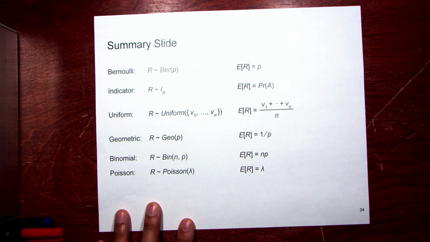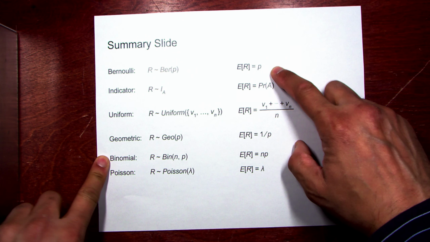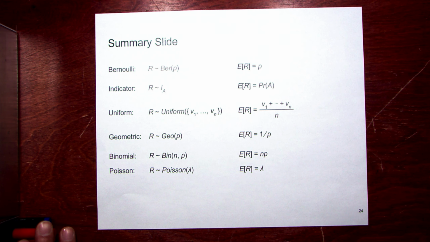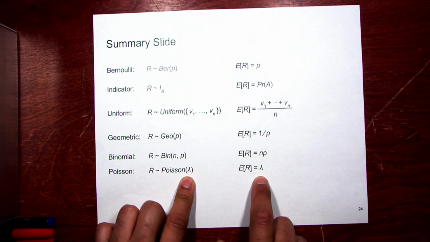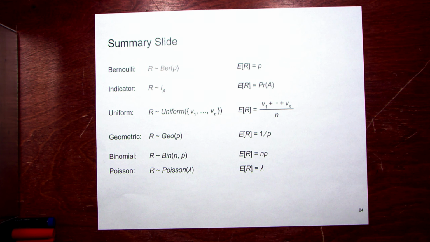Geometric and binomial, maybe it's surprising that these are so clean, but geometric is 1 over p, so you just invert it. Binomial is the sum of a whole bunch of Bernoullis, so np, that's a good way of thinking about it. And we did Poisson as well, and this lambda, remember, is the average number of balls per bin, so that average turns out to be the average over here, which follows our intuition. Time for us to introduce something else.